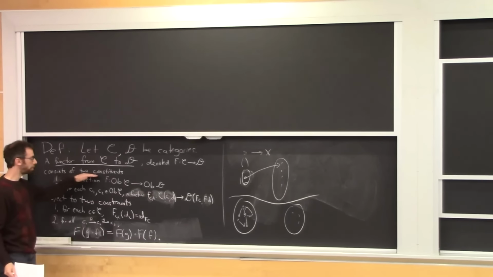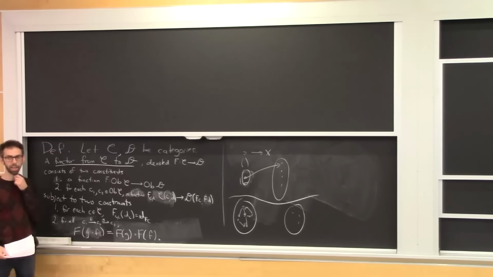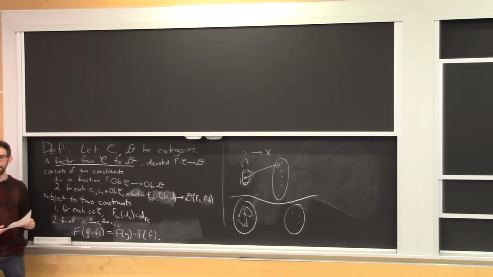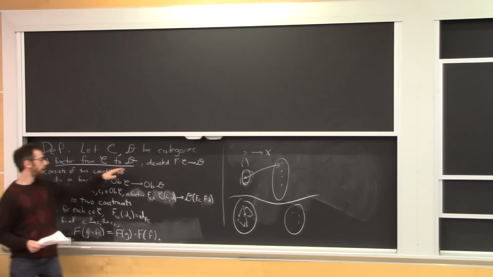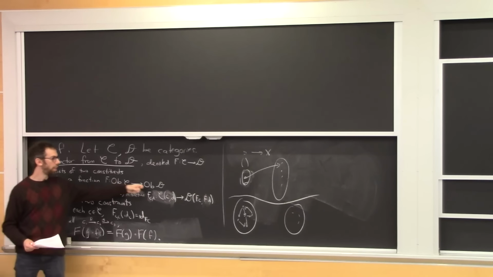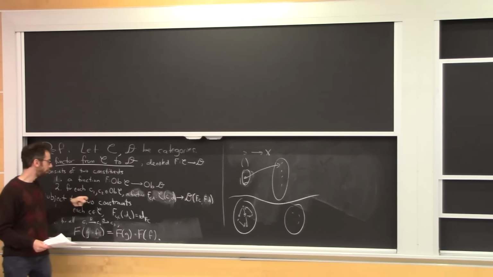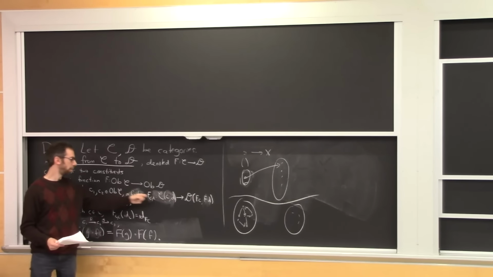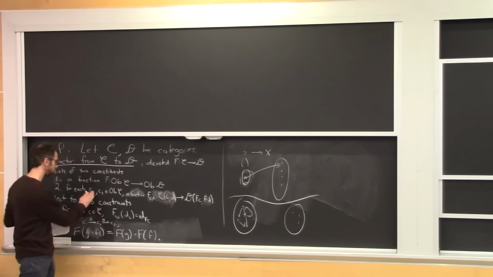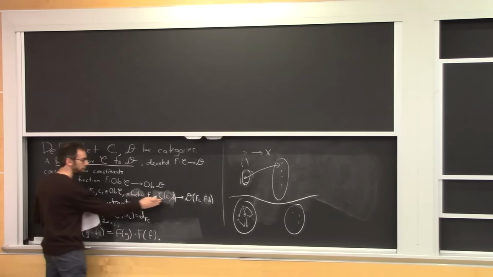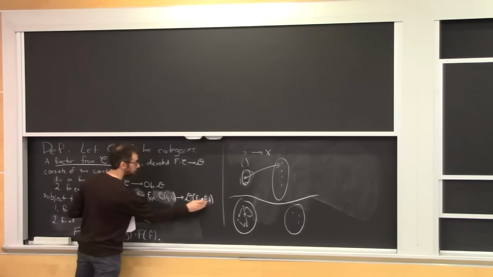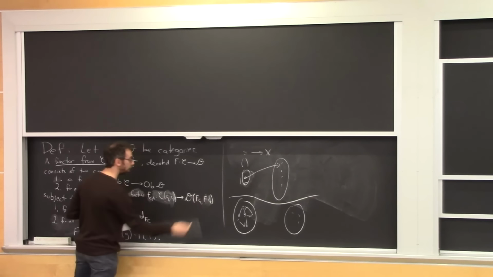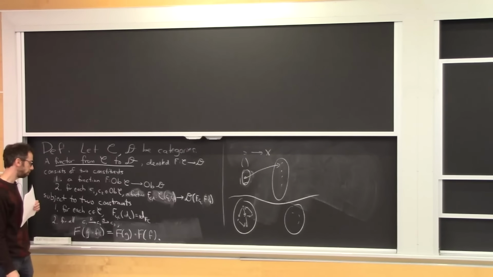The way category theorists thought was the most appropriate way to relate two categories, there could be other notions of relationship, but this is the one that's most used, is called a functor. For every object in C, give me an object in D. And for every morphism in C, no matter what two objects it's between, say C1 and C2, you give me a morphism in D from f of C1 to f of C2.